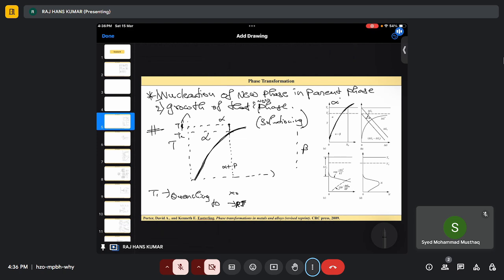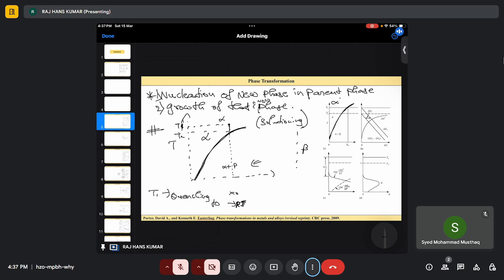What we are trying to form is a metastable phase, which is not a stable equilibrium phase. When given enough time, the atoms will diffuse and give a different type of structure, right? So we are forming a metastable phase, and this metastable phase has reached its solubility limit. What do I mean by that?